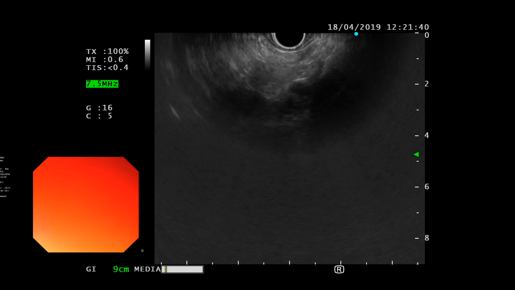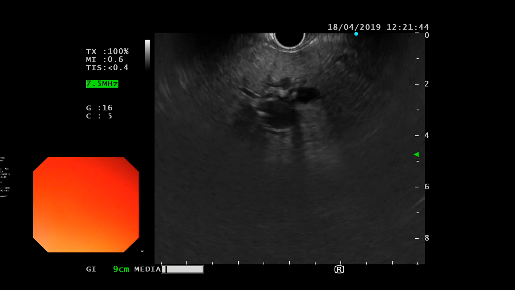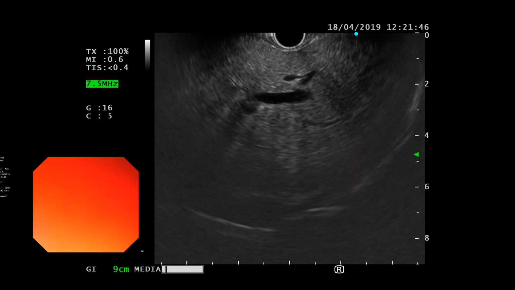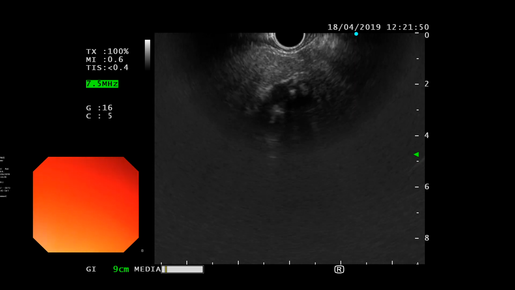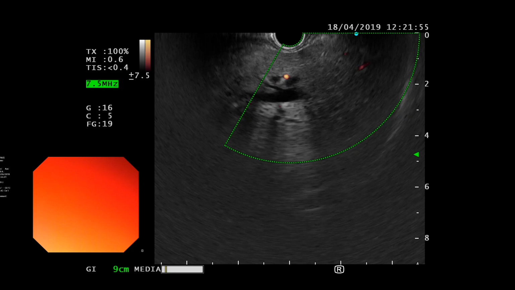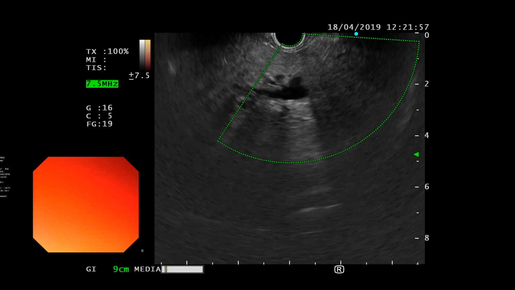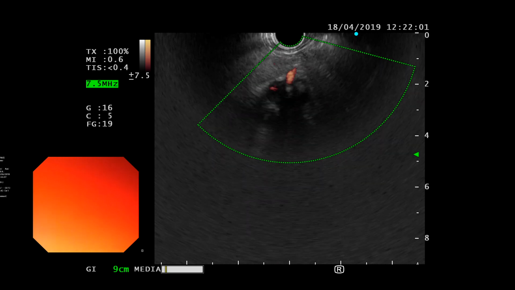Exactly. And how do we differentiate the ducts? With flow we differentiate. In a dilated system, it can be very obvious, but the alternative would be to put flow on and see, because here you see central ductal dilation right there. So these are dilated ducts. Fair enough.